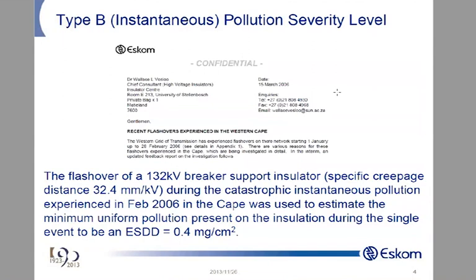Now, we have instantaneous pollution events in the Cape. It happens about every 6 years where we get these intense salt fogs occurring, and then it takes out the network. And it only started after 94.